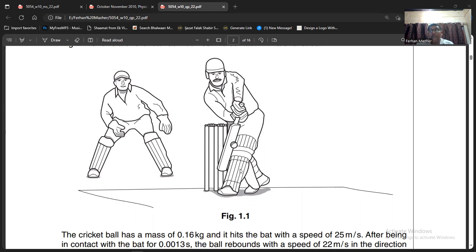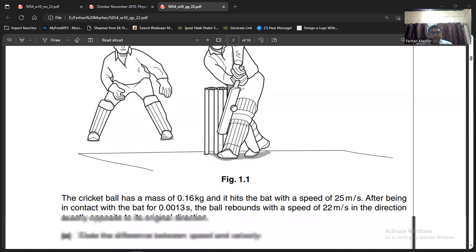And when he hits the ball and the ball goes in the opposite direction, we will call that direction negative. If you suppose that the ball coming towards the bat is negative direction, then the ball going away from the bat will be positive. It's up to you.